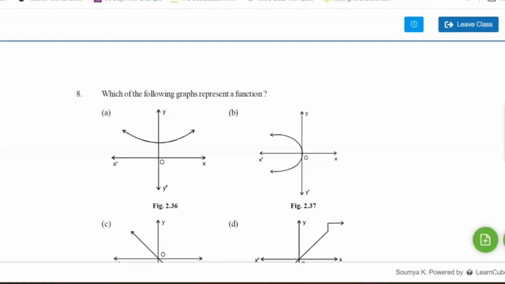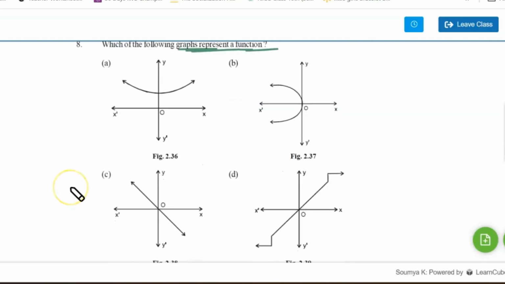Next question is question number 8, which is to identify which of the graphs represent a function. So we know for any functions, value of x should have one y value. Okay, so let's check that property is applicable here in the graph or not. Consider any points on the x-axis. So those are the value of x.